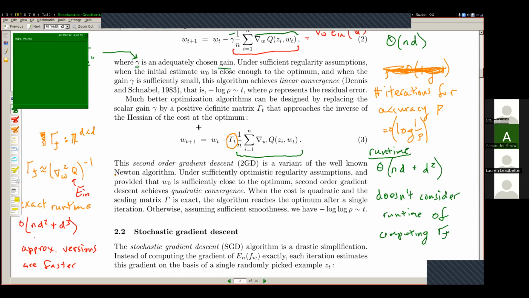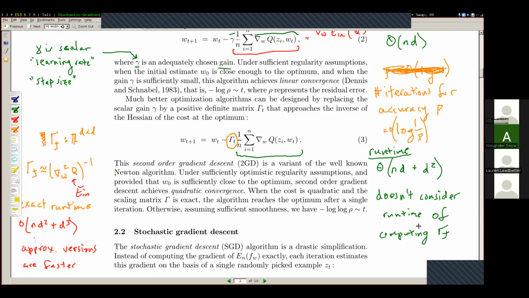That's just assuming that we already have gamma t computed for us somehow. The typical runtimes of computing gamma t can be bigger than this runtime, so it could be slower than this, but it's never going to be faster than this.